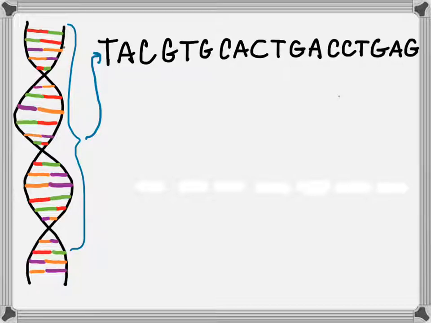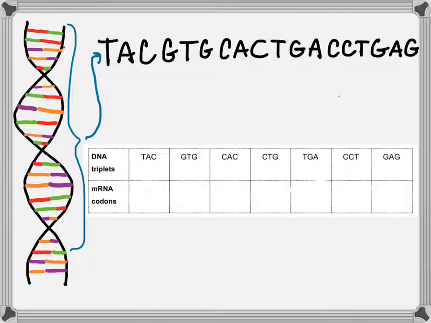It's easier to work with this sequence if we arrange it into triplets, or 3-base chunks in DNA, in this neat little frame. Okay, go ahead and complete the mRNA codons.